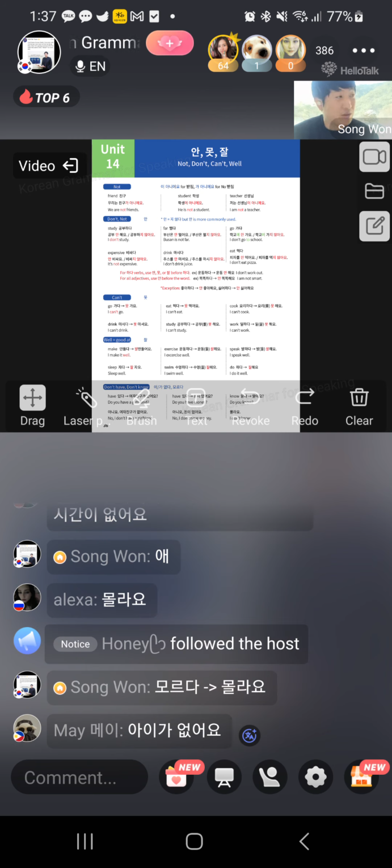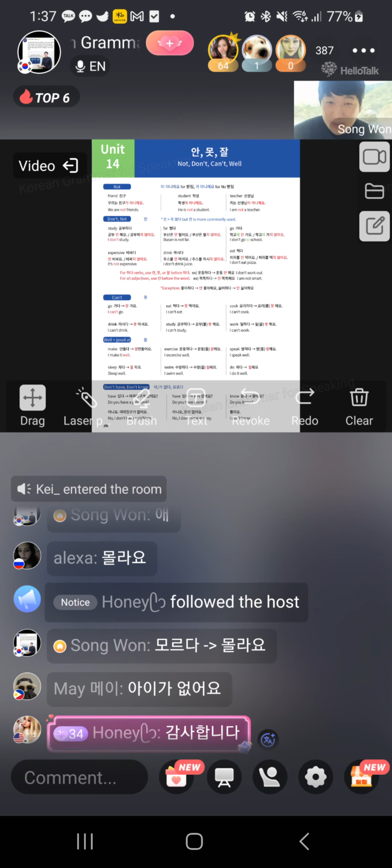So now you can say a lot of things. So let's say you know like 100 words in Korean. From Unit 11, we know how to conjugate 100 verbs and adjectives. So you can make statement and question.